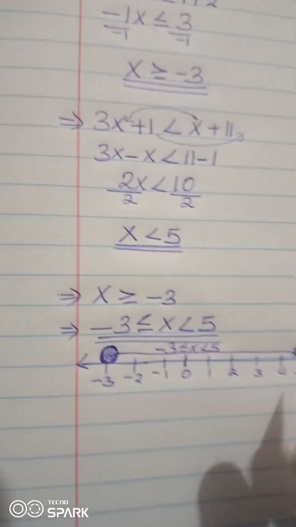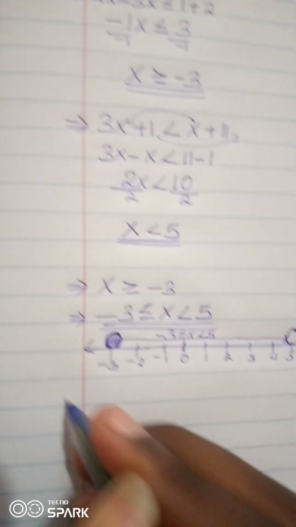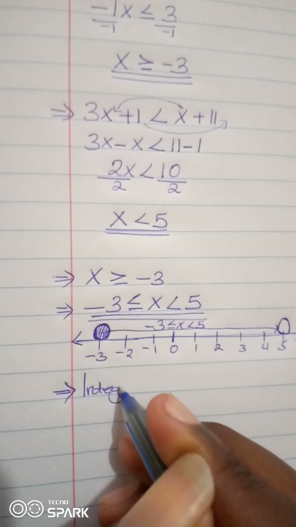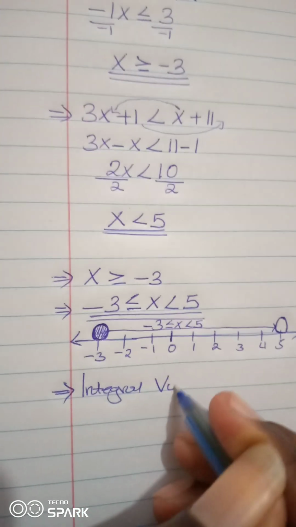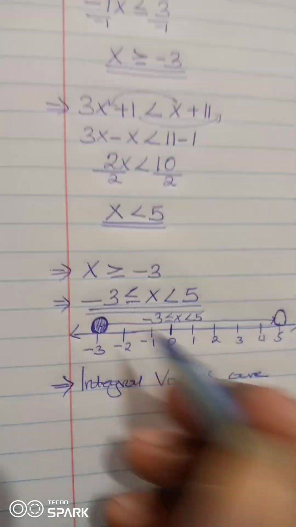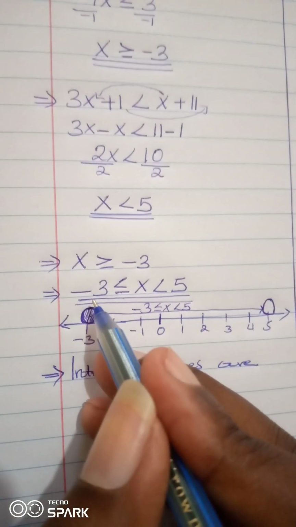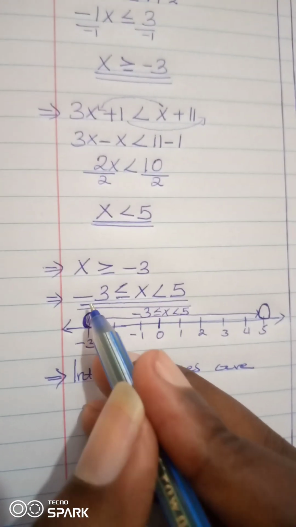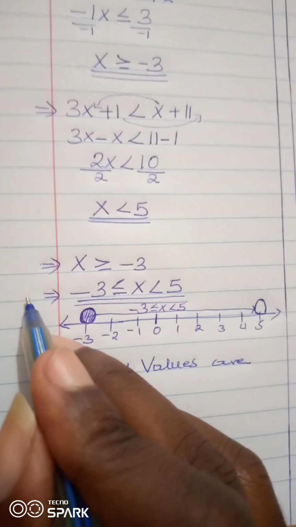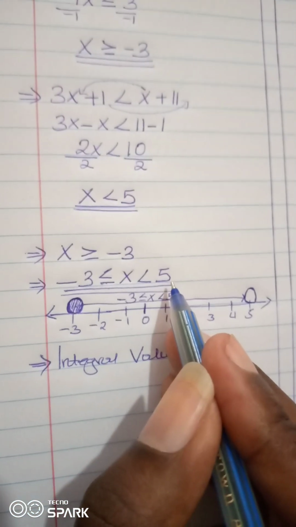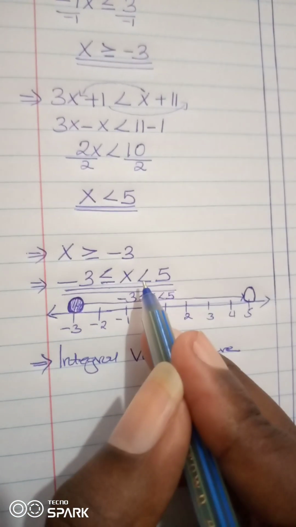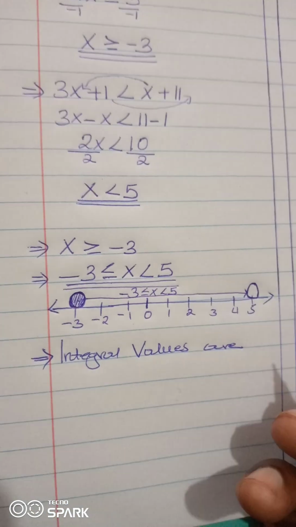The integral values are, you'll start with negative 3 because it's part of x, because negative 3 is less than or equal to x. That means negative 3 is included, but you'll not include 5 because there is no or equal to sign.